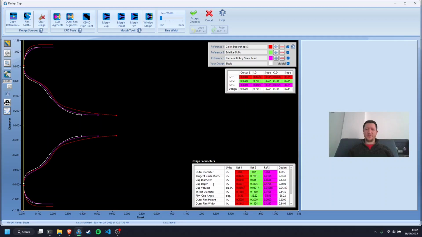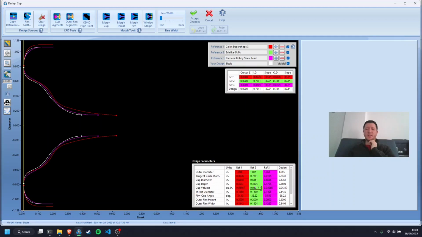And if you look in here, the cup volume for the Bill Chase mouthpiece, the Schilke, is incredibly small. So the way that we talk about these cup volumes, your orchestral designs are generally upwards of about this.